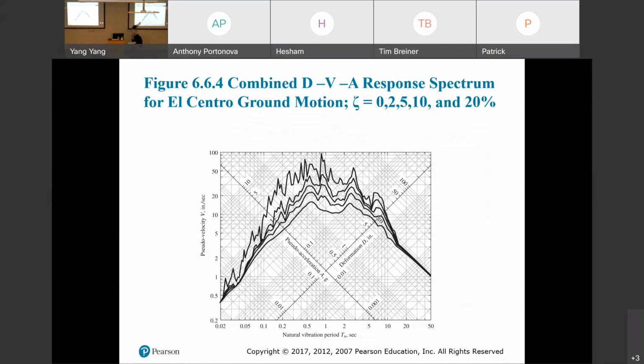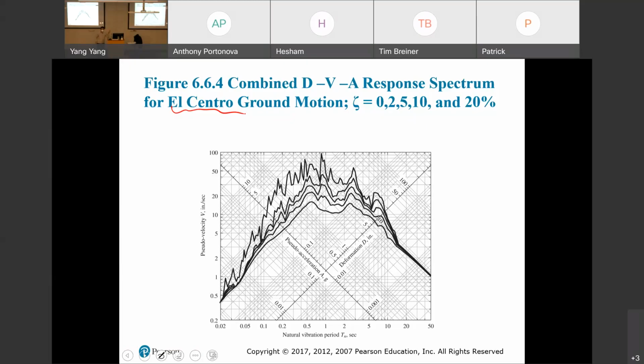So, for example, this is the response spectrum for the El Centro ground motion. If you take structural dynamics courses and do seismic design, I think everybody knows El Centro is one of the most popular earthquake record names, because the first earthquake record was recorded in El Centro, a small town close to San Diego in California.